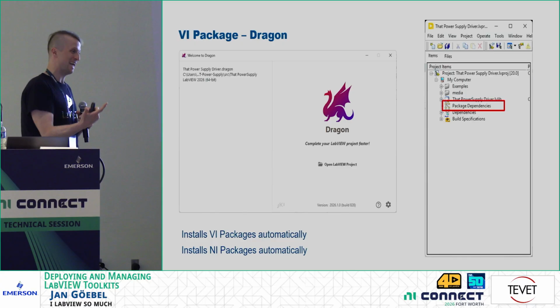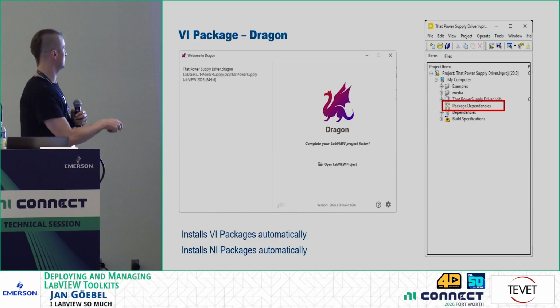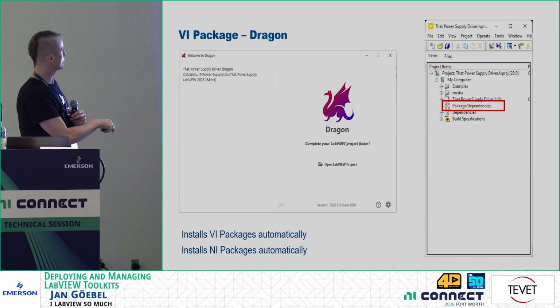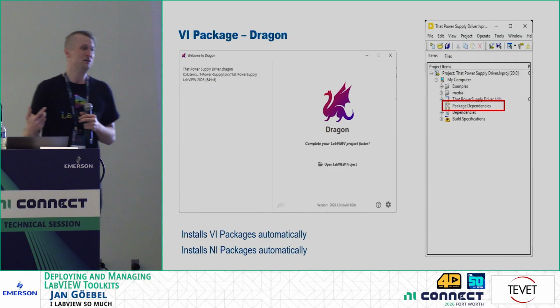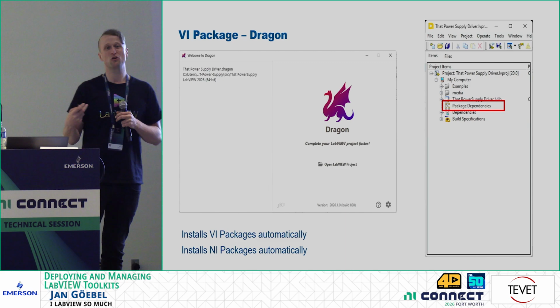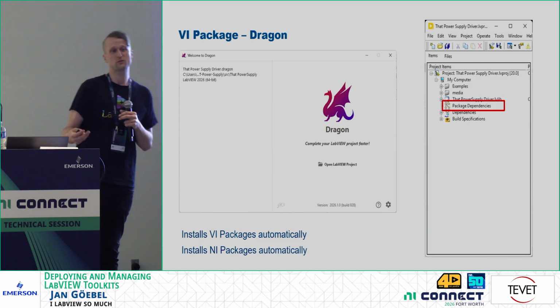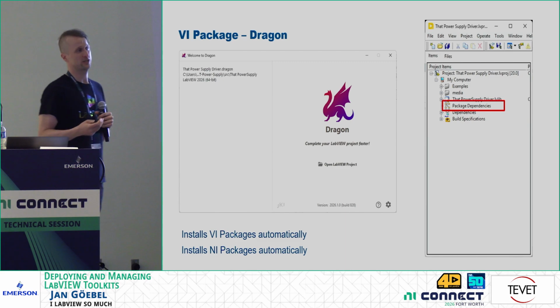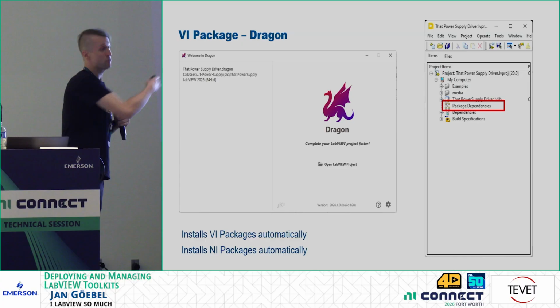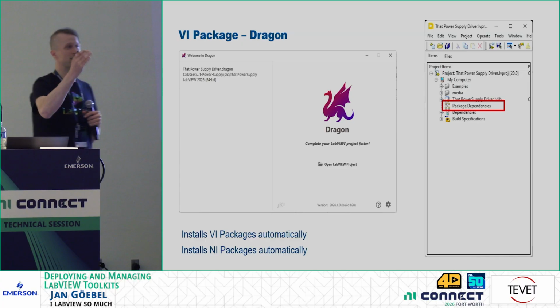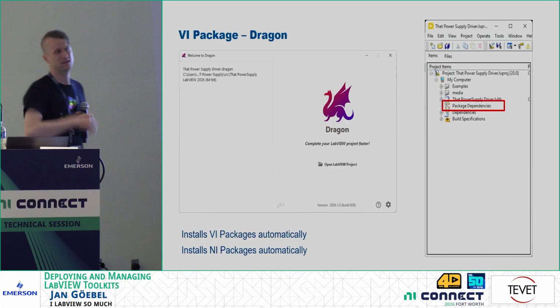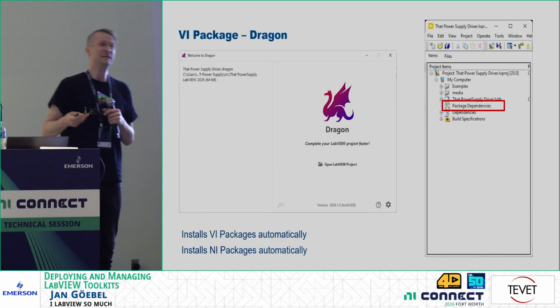And it will scan your whole project for dependencies as well, VI packages, just as NI packages. So the Dragon can install everything you need when it comes to the dependencies when you're opening a project. So if you're having 3 different projects that you're working on, and they require different versions, Dragon can do this upgrade, downgrade mechanism automatically for you.